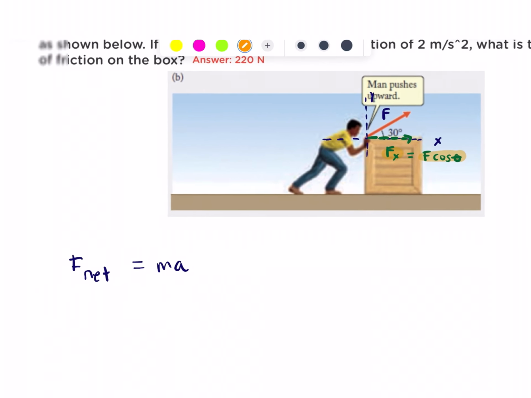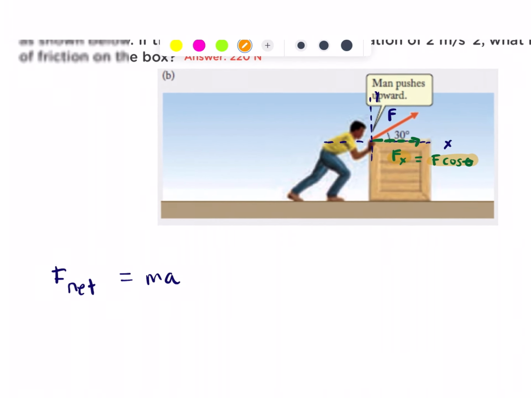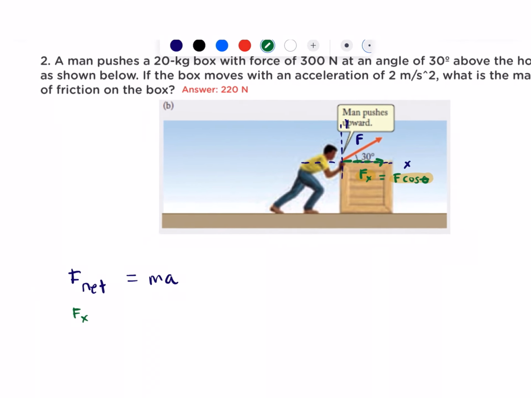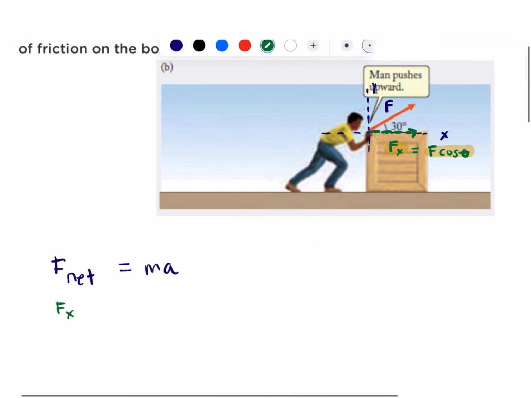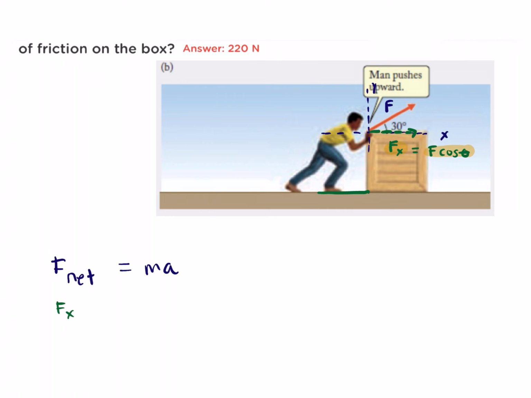Having said that, we now have our F net, which would be Fx. It is mentioned in the problem that there is friction between the box and the surface, so friction should be pointing in the opposite direction. This is our friction right there.